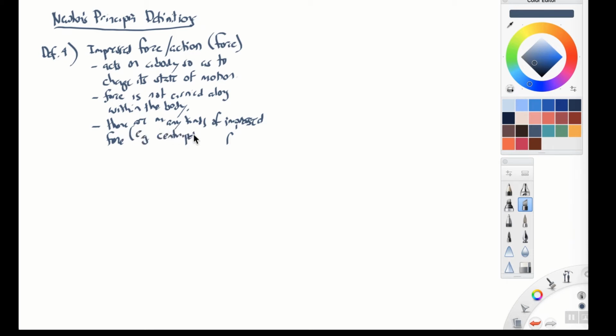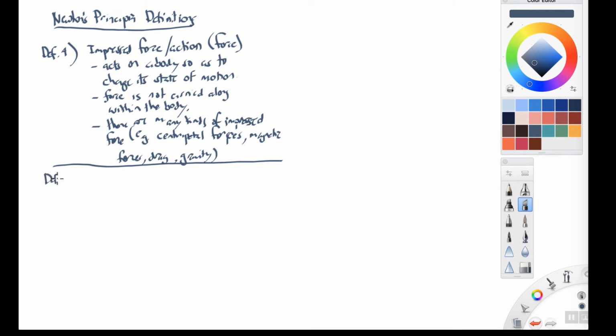He will spend quite a bit of time talking about centripetal force. So centripetal forces, magnetic forces, drag, gravity. He's going to talk about these sorts of things. Those are some examples of impressed forces that attempt to change the state of motion of an object. Okay, let's go on to his next definition.